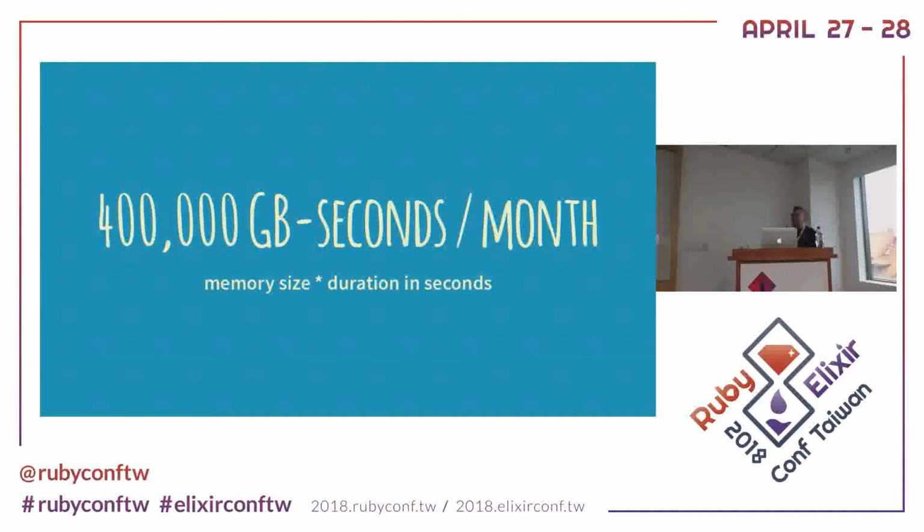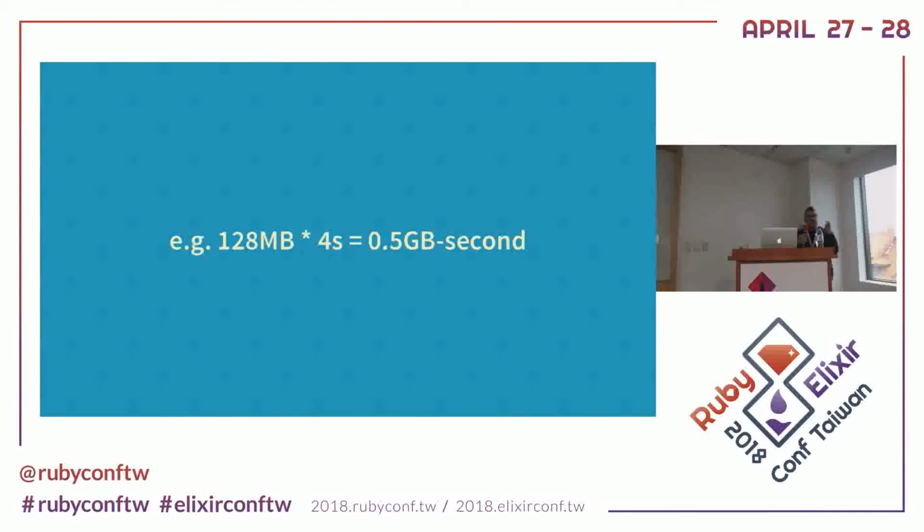And with the 400,000 gigabyte seconds per month, well, the metric might be confusing. It's basically your memory size multiplied by the duration in seconds your Lambda function took to execute. So if you had a Lambda function that consumes less than 128 megabytes and is running for 4 seconds, you just took 0.5 gigabyte seconds.